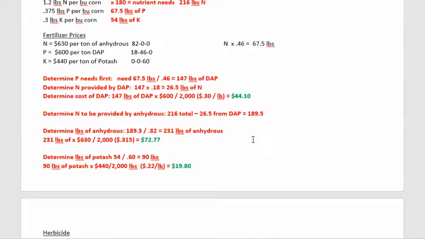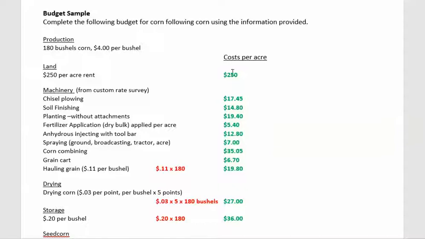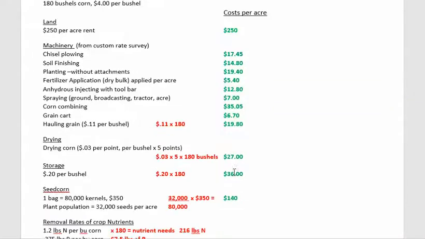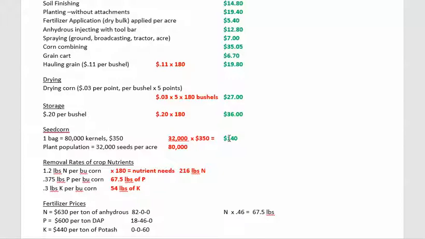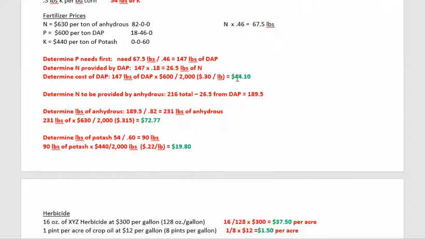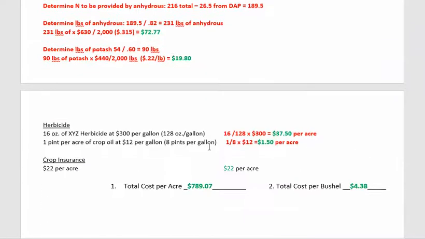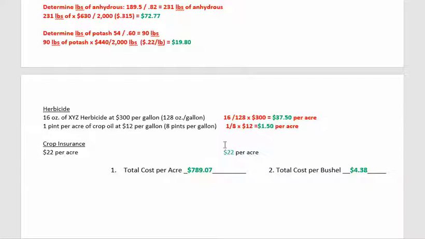So in this problem, I'm going to add up my rent, my machinery costs, my drying, my storage, my seed corn, my fertility, my herbicide, and my crop insurance. And I do all that and I get a total cost per acre of $789.07.